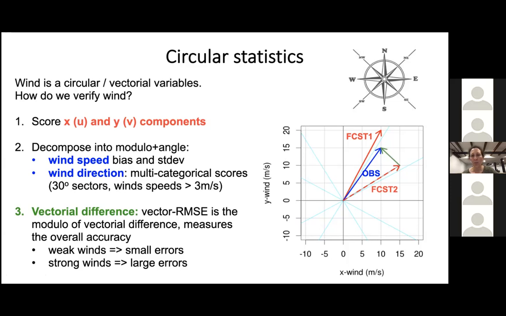I find it more informative, and it also has a nice property: with large winds, you have a large error, and for small, weak winds, you have smaller errors, which is usually what you want for wind, because you don't care if there is a very weak wind and the direction is wrong. But if there is a strong wind, you want your forecast to get it. So here we go. I wanted to throw it there.